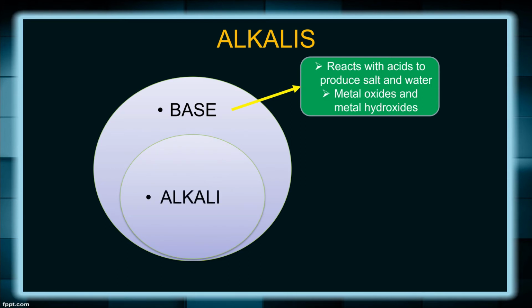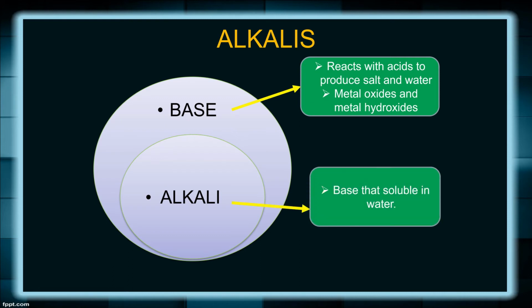Now, alkali. What is alkali? Alkali is a base that is soluble in water. For easier understanding, I have represented the alkali as a subset of base. That means in conclusion, what we can say here is all alkali are base.